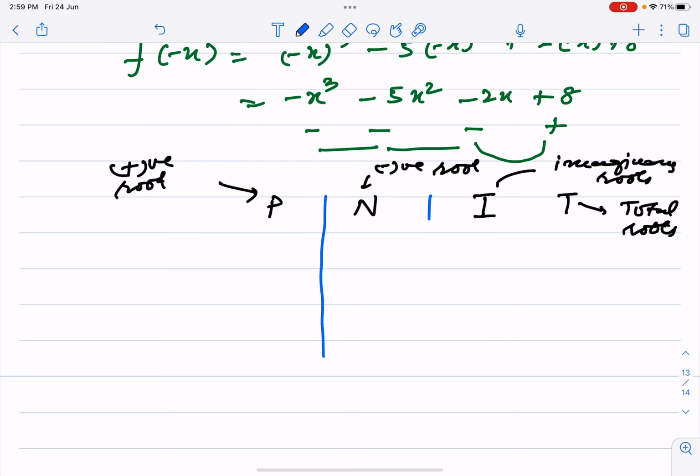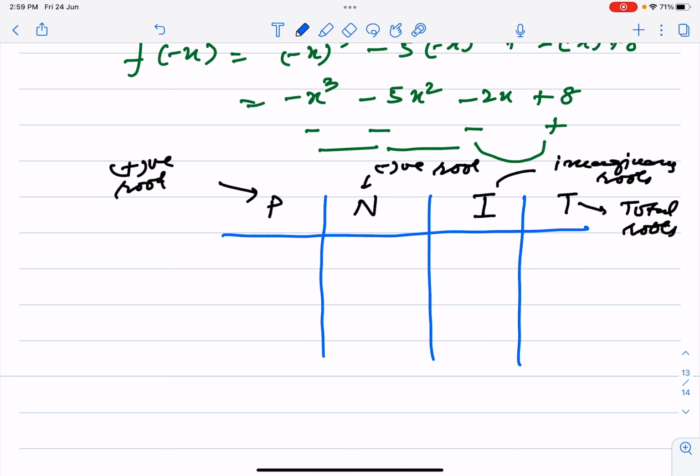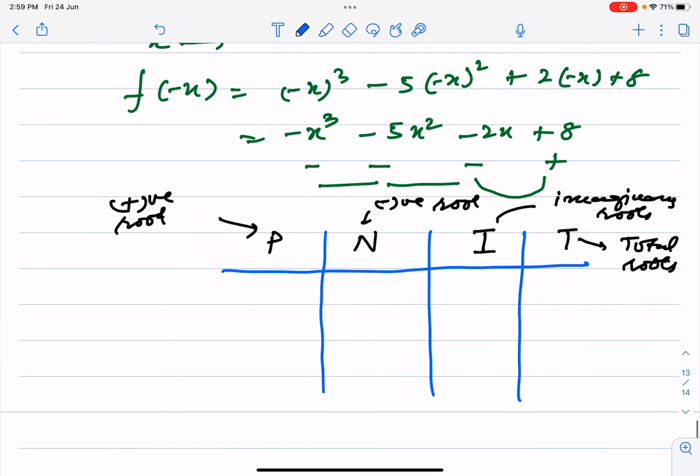Making the chart, what we found was P, that is positive roots, were 2, and negative roots were 1. Total, we know that there are 3 roots because it's a cubic equation. So obviously imaginary roots will be 0. This is our first possibility.